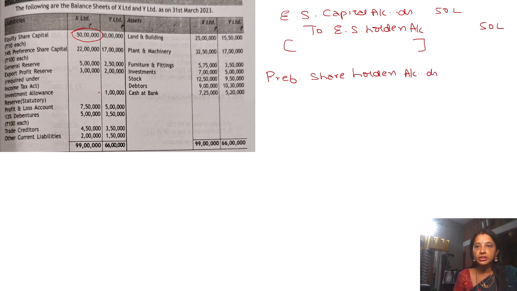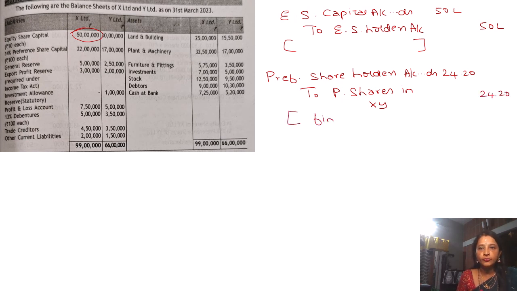You are making a payment of 24 lakhs 20,000 to preference, and you are giving them preference shares in XY, 24 lakhs 20,000, being final payment made to preference shareholders.